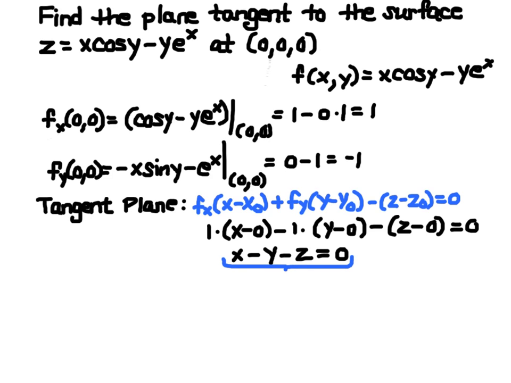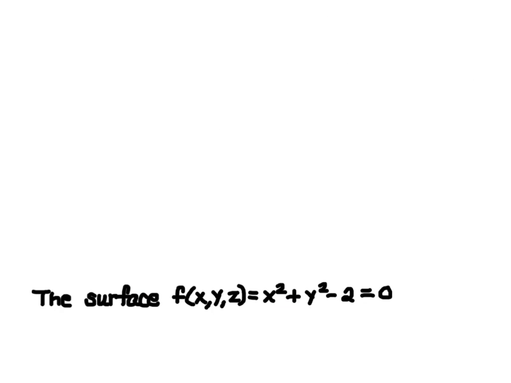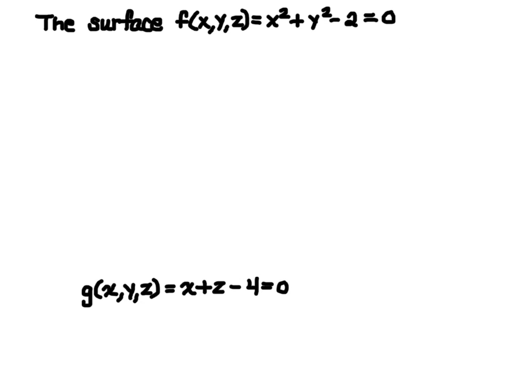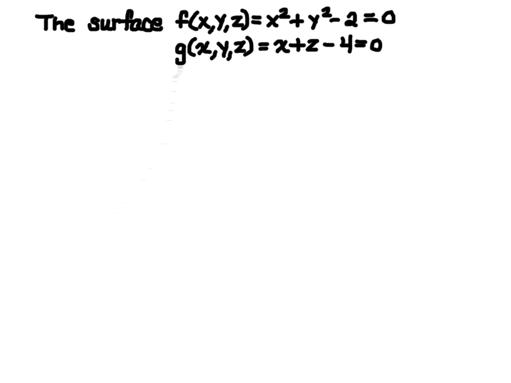Let's try another example. Here we have this surface f of x, y, z, which is equal to x squared plus y squared minus 2, which is equal to the constant 0. So this is our surface. And we have a second surface, g of x, y, z, which is equal to x plus z minus 4, which is equal to 0.